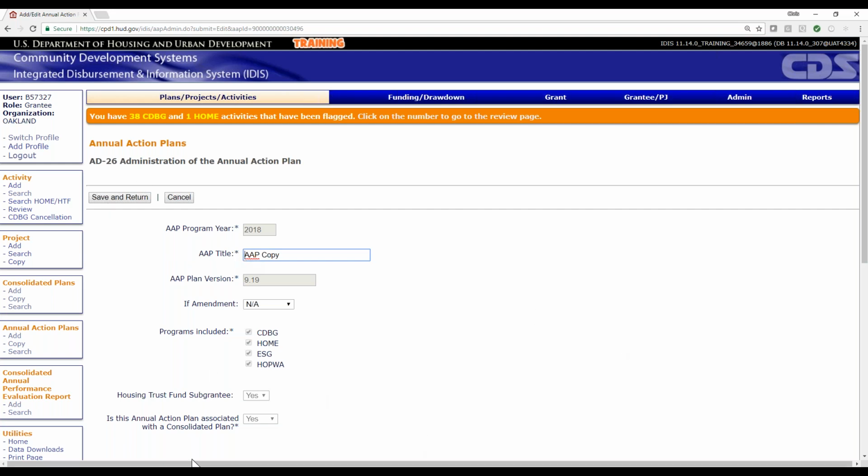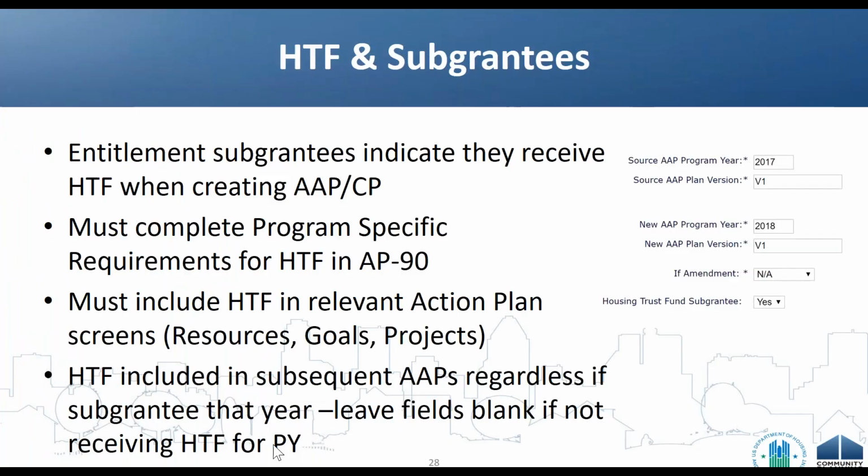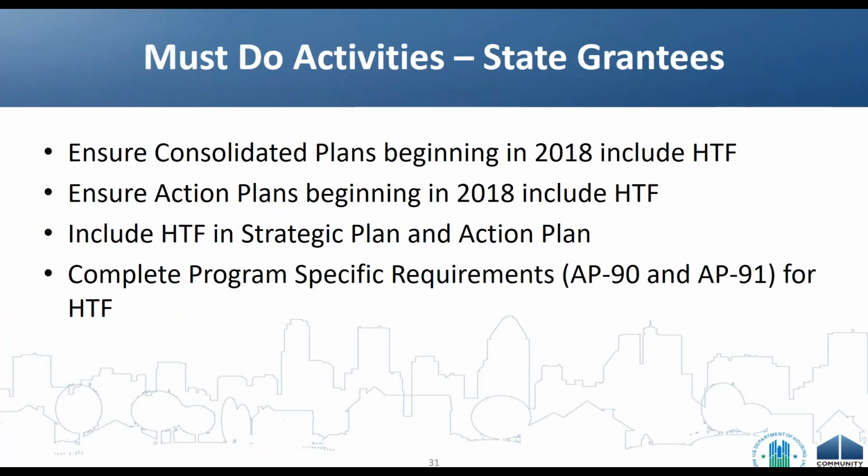Okay, before we open it up for more questions, I just want to wrap things up here and give everyone a couple of takeaways. So first, for state grantees, your consolidated plans beginning in 2018 need to include HTF in the eCon planning suite. And the same is true for action plans.